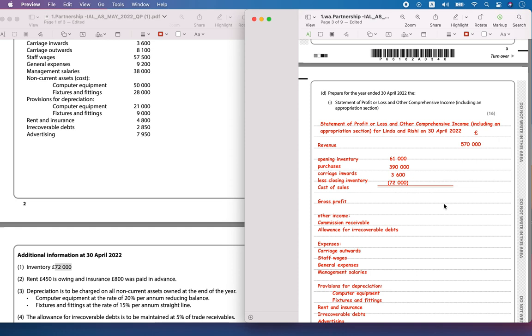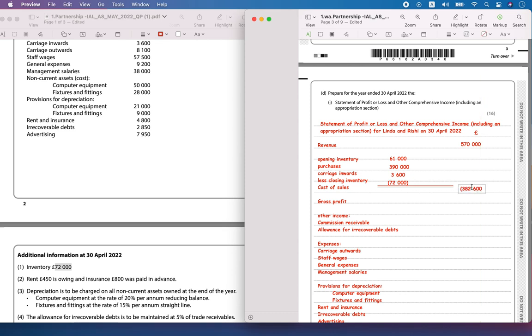So the cost of sales will be 382,600. So let's write that, 382,600. Now we have to find the gross profit.